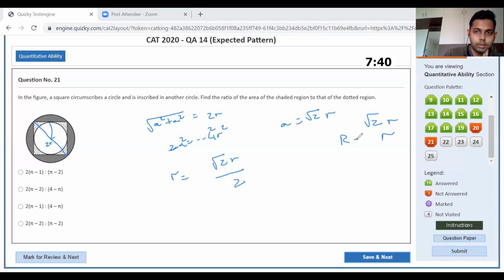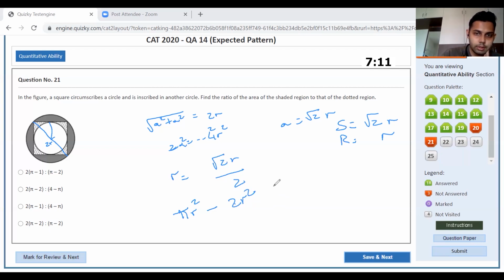The radius of the larger circle is r, and this is the side of the larger square. Find the ratio of the area of the shaded region to the dotted region. So what is shaded? Pi r square minus the whole square area that is getting subtracted, which is 2r square.